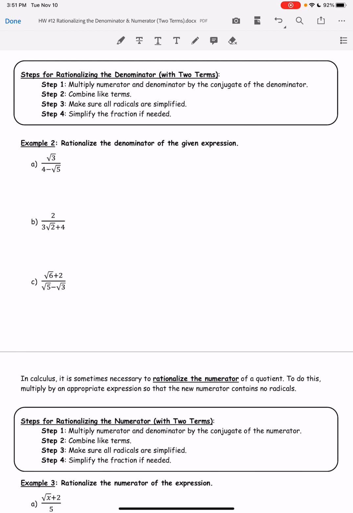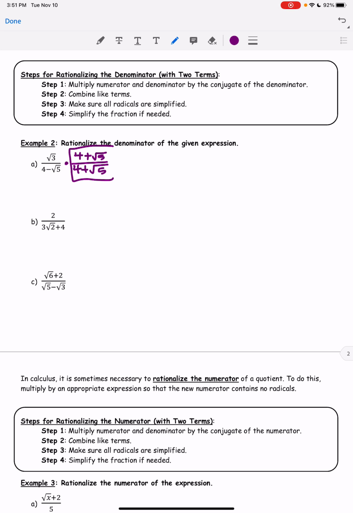Example 2, rationalize the denominator of the given expression. We have to figure out what the conjugate is. Because we're rationalizing the denominator, we only care about the bottom. So instead of 4 minus square root 5, now this becomes 4 plus square root 5, and we're going to do this to the top and to the bottom.